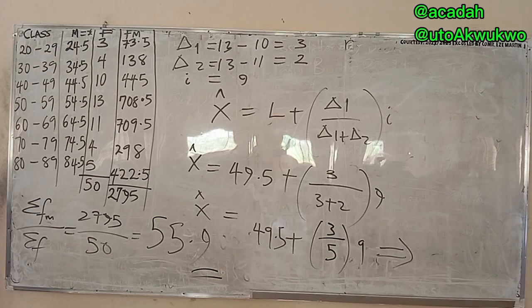I normally mistake it and call it class boundary, but when you are looking at the class interval proper, it has to do with upper class limits. If you look at 49 minus 39, it's 10. Okay, it's 10.